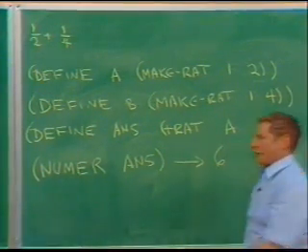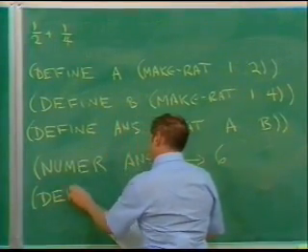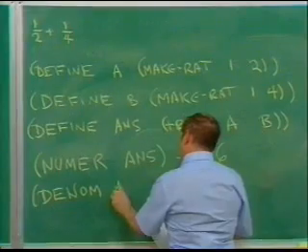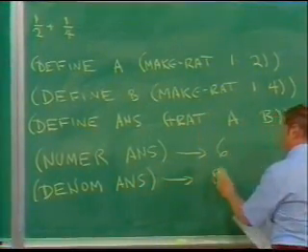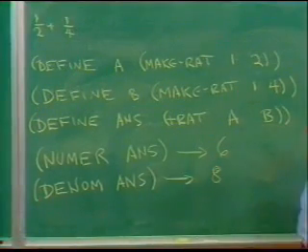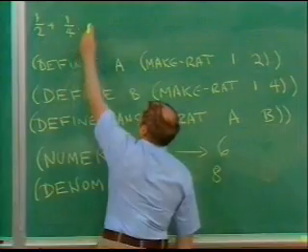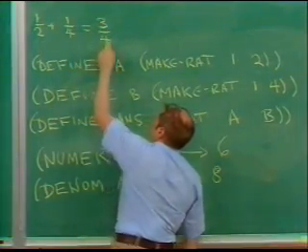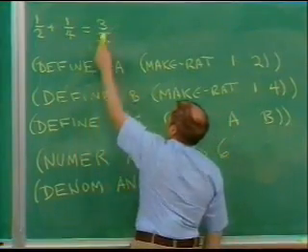And if I say, what's the denominator of the answer? The system's going to type out 8. So instead of what I would really like, which is for it to say that 1/2 and 1/4 is 3/4, this foolish machine is going to say, no, it's 6/8.